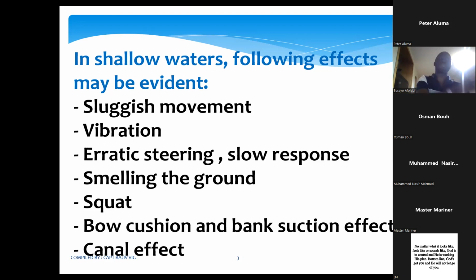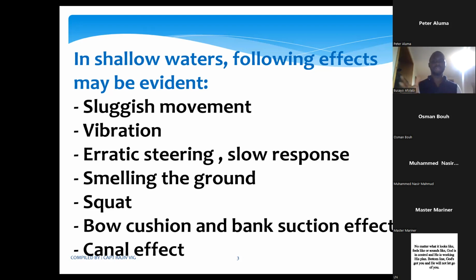Your draft comes back to what draft you calculated prior to departing port, or when you are at sea, because there is no change in displacement. Your displacement on board the vessel does not change. It's your displacement in relation with other conditions, and in line with your density, that will determine your draft.